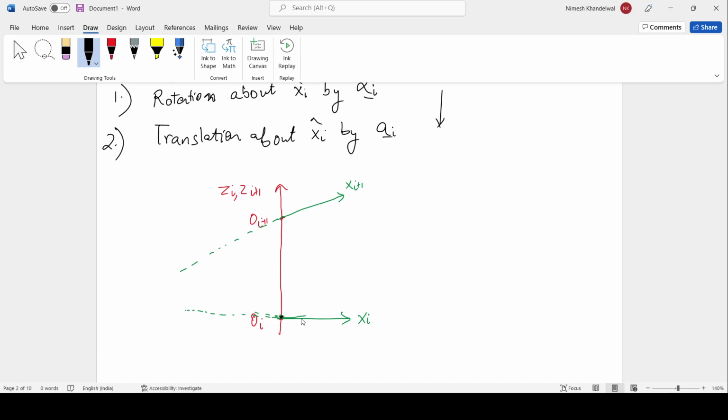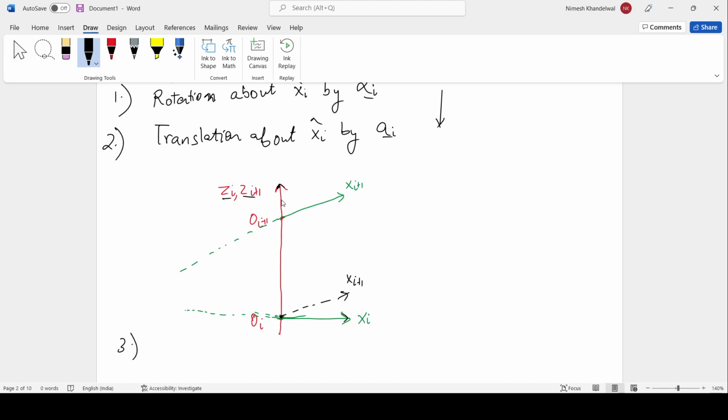Okay, so now clearly the next transformation that we can do is we can rotate the xi axis about z. Now it doesn't matter if I say zi plus 1 or zi, because now they are both coinciding.